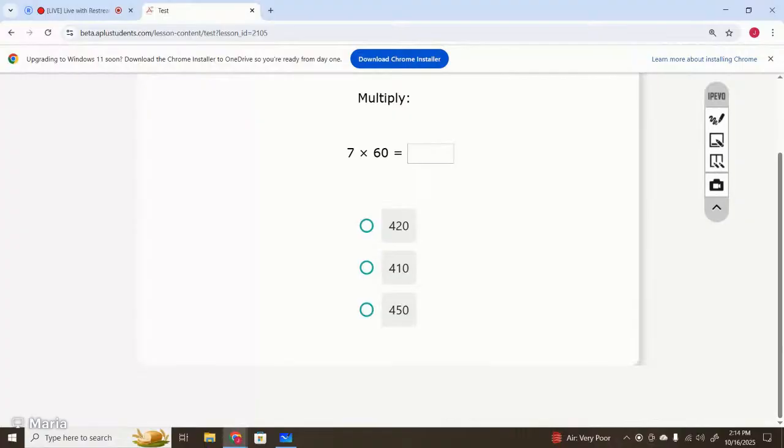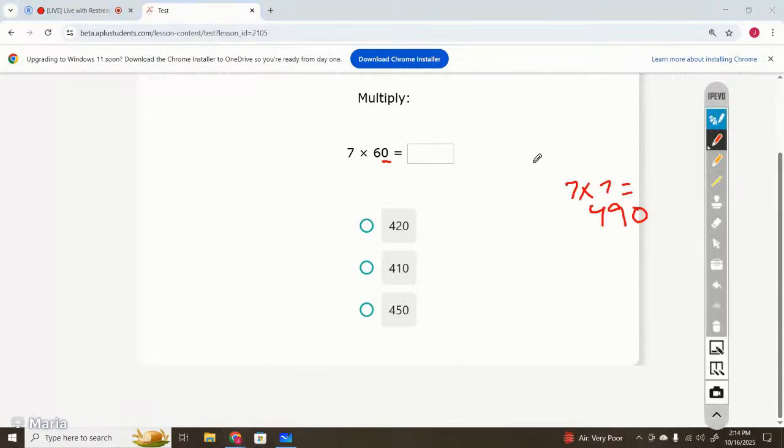7 times 60. You just have to do 7 times 6. 7 times 6 is 42. Then add a 0.